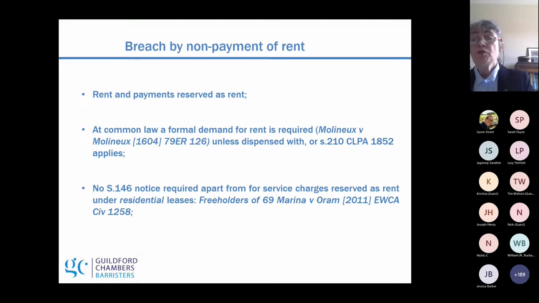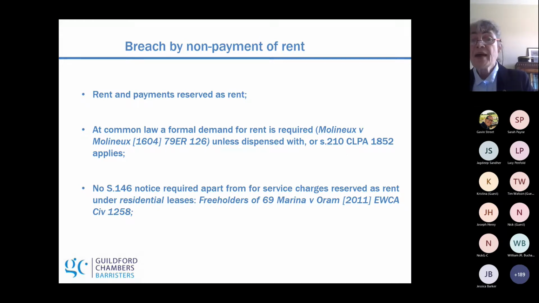Note that although no Section 146 notice is required to be served for a breach by non-payment of rent, this does not apply to service charges reserved as rent under residential leases. This is the result of the uncomfortable decision of the Court of Appeal in Freeholders of 69 Marina and Oran.